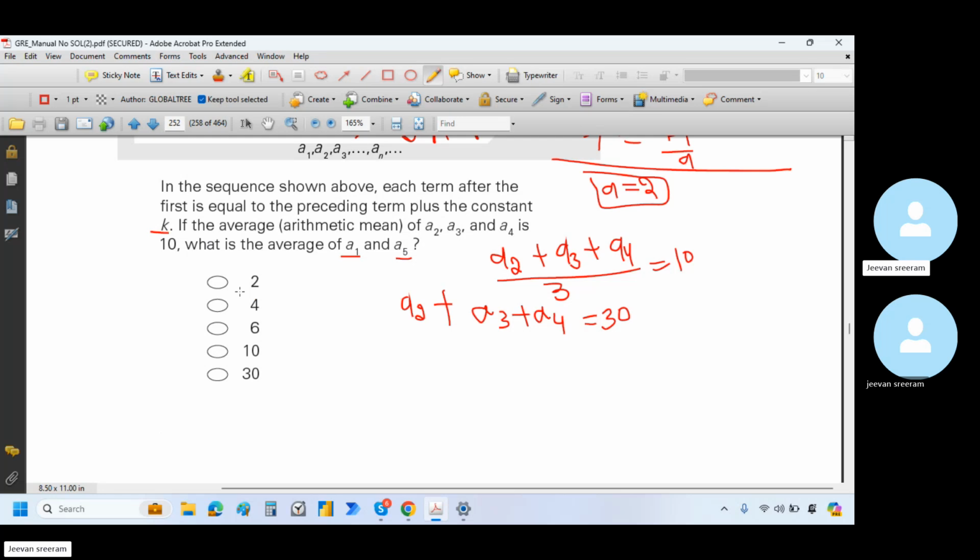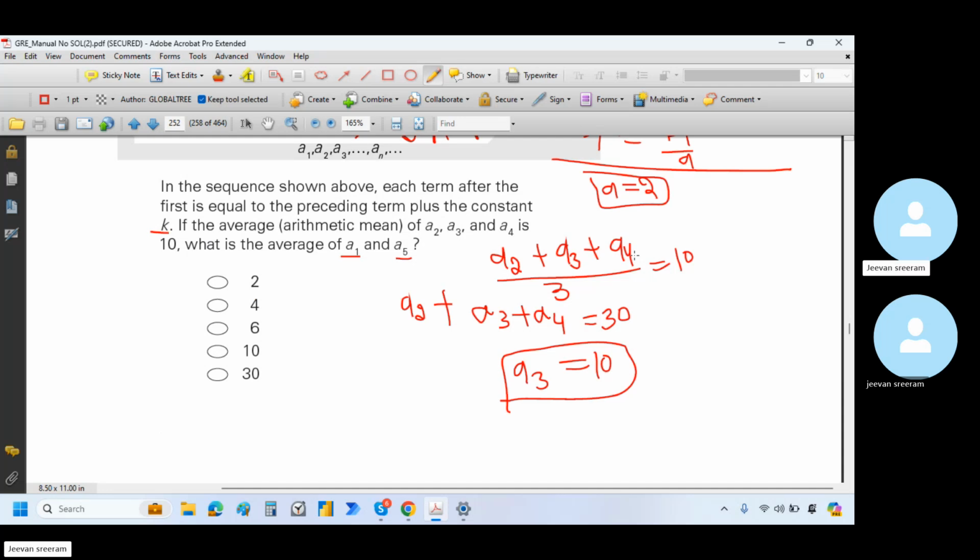Okay, in arithmetic progression, the average of 3 numbers gives you the middle number. So actually A3 is 10. If you take any 3 and do the average, that gives you the middle number.